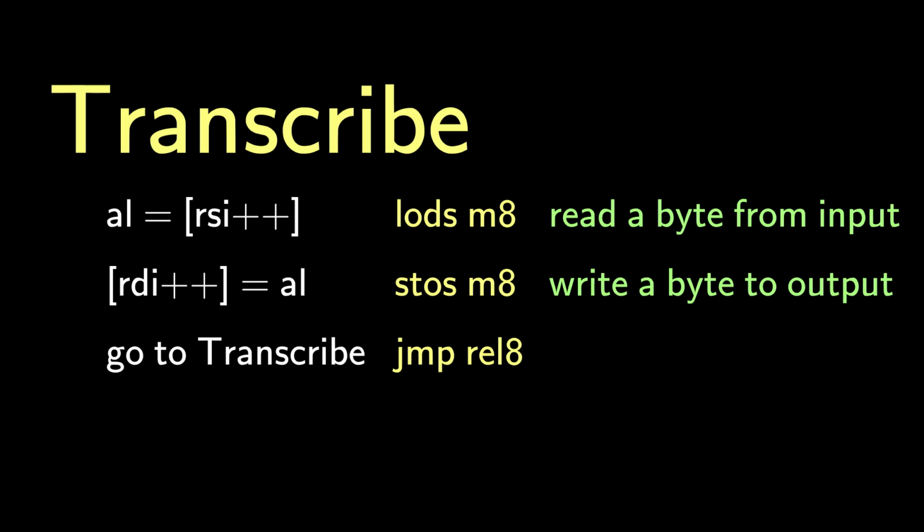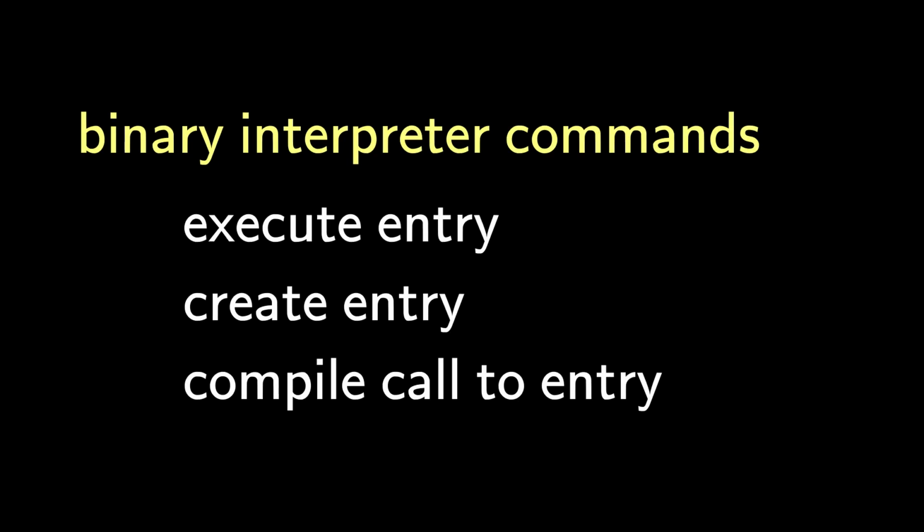The source is the rest of this binary file, beginning right after the binary interpreter. Register RDI points to the destination of these bytes. The destination is the Forth dataspace, where the dictionary goes. This binary interpreter has commands to execute a dictionary entry, to create a new dictionary entry, and to compile a call to another dictionary entry.